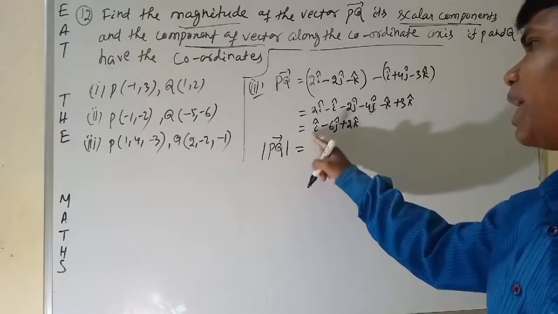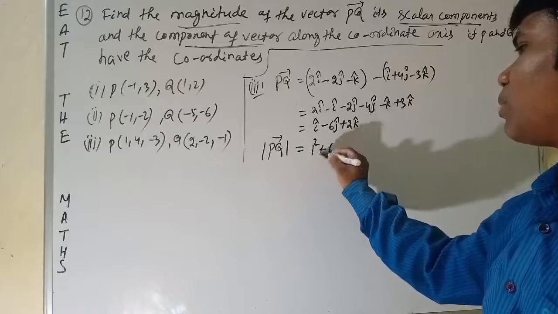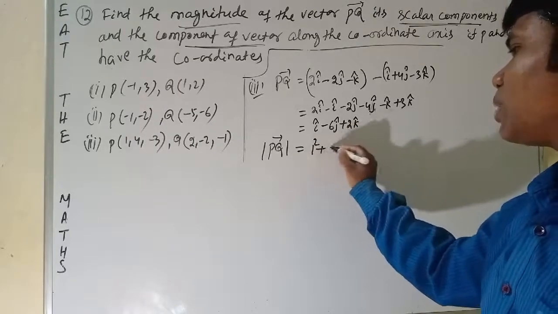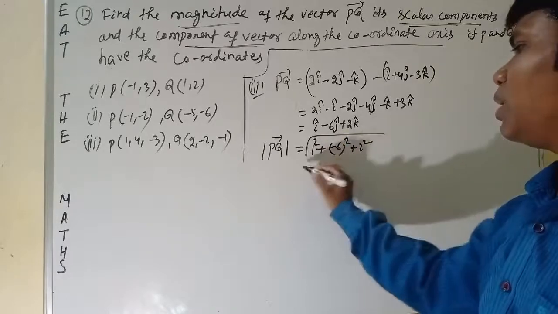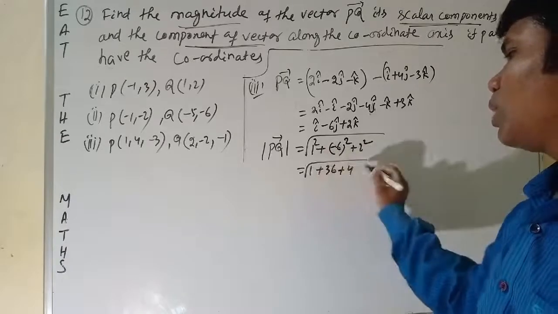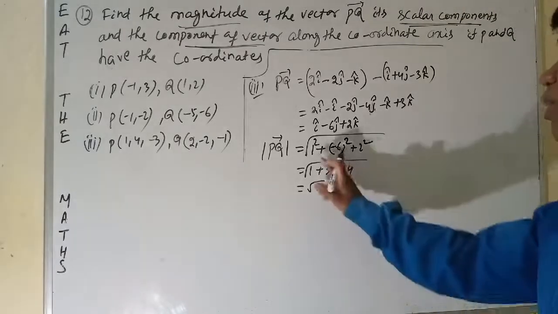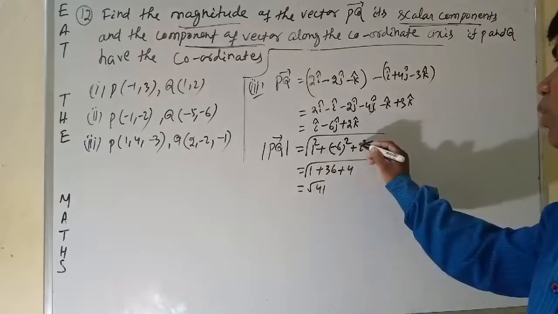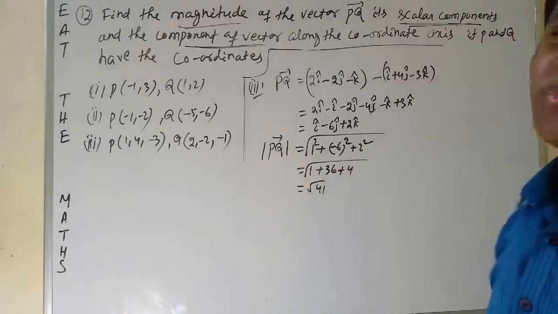That means 1 square plus minus 6 square plus 2 square. If somewhere minus is given, you write plus. That is 1 plus 36 plus 4, which is root 41. This is the magnitude of PQ.